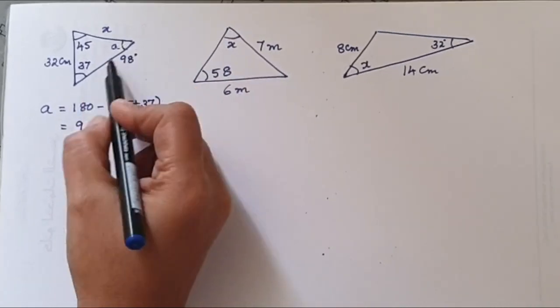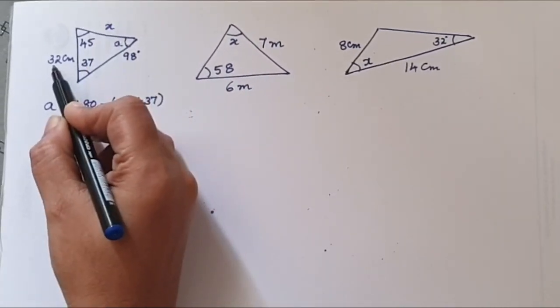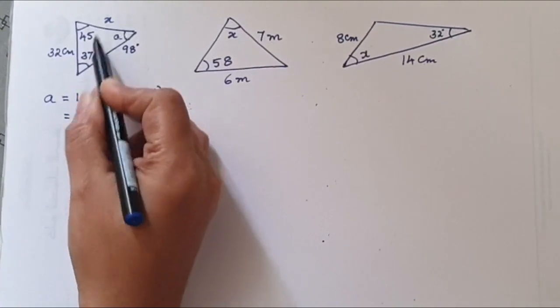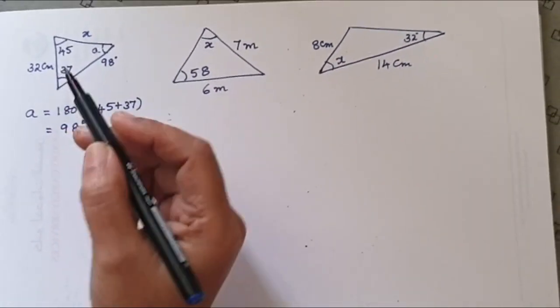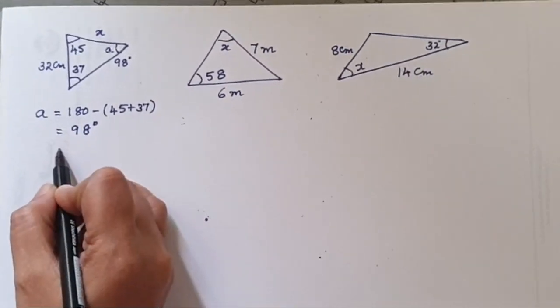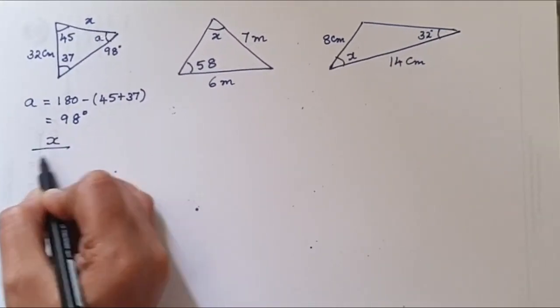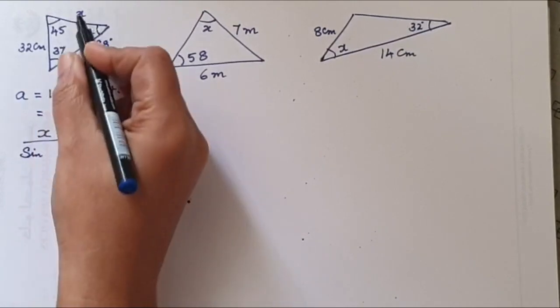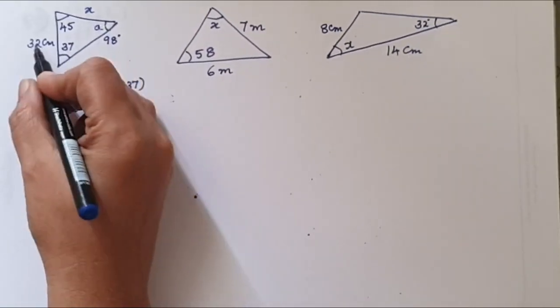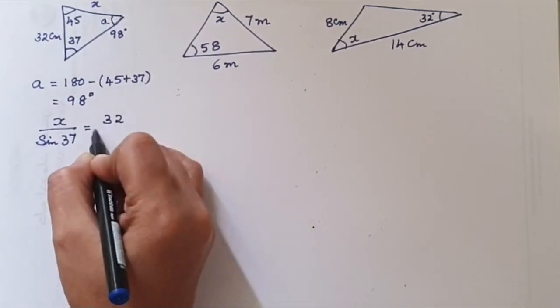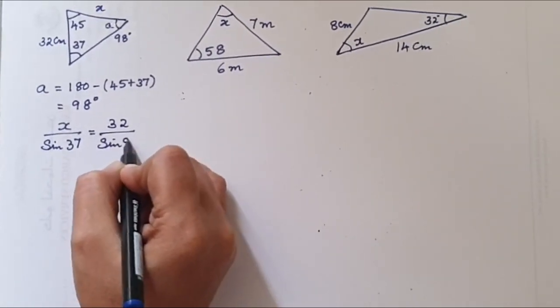So when we know this angle is 98, the opposite side 32 is given and you have to find x, and for that the opposite angle is 37. So let us use the sine rule now. x over sine 37 will be equal to 32 over sine 98.